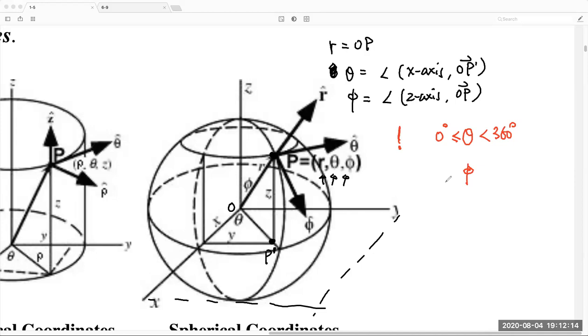No, it's just 0 degrees to 180 degrees. If phi were, say, 270 degrees, you can subtract it, and then your theta will convert to theta plus 180 degrees.